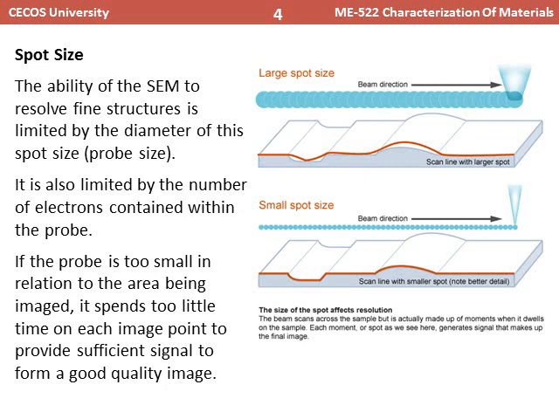In the case of a large spot size, the probe size is bigger, and the beam passes line by line scanning over the surface. If the spot size is large, very little time is spent over the surface.